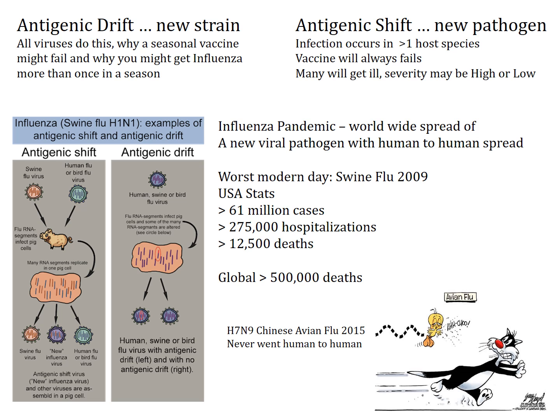That's a whole new pathogen. No immunization is going to protect against that because very often that pathogen has not even been characterized, much less a vaccine made towards it. And when that new pathogen goes human to human, then you have a risk of global pandemic. All right, so an influenza pandemic is human to human spread of a new viral pathogen due to antigenic shift.